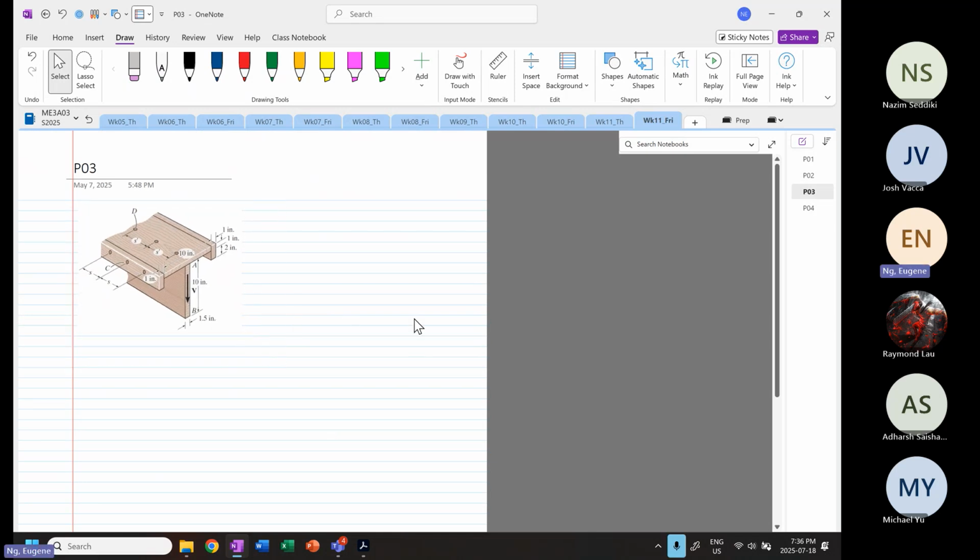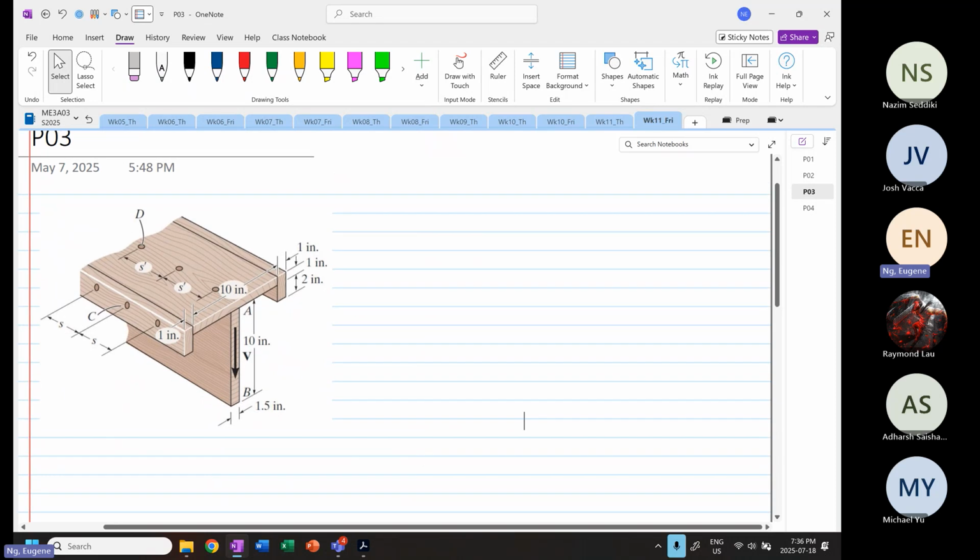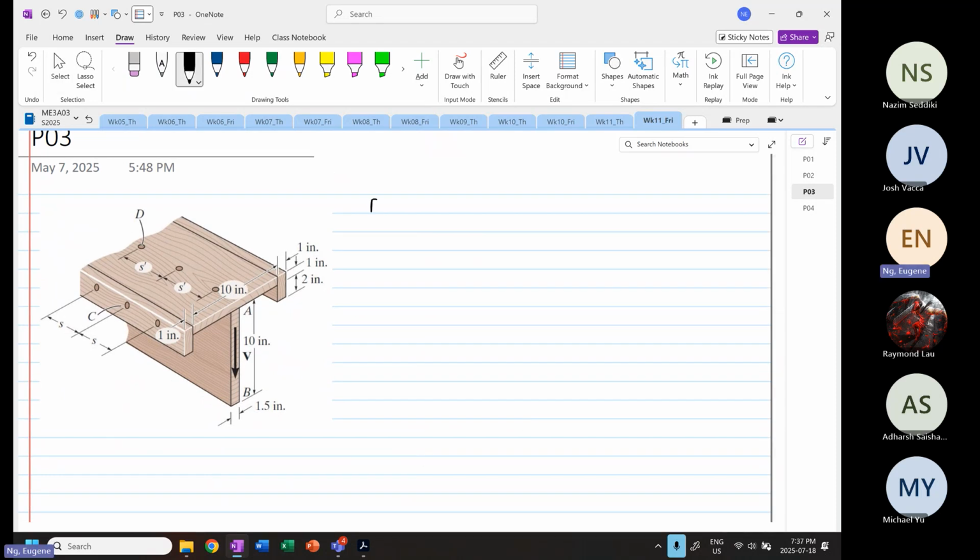What we're going to do now is determine the shear stress distribution equation on the flange and major web.